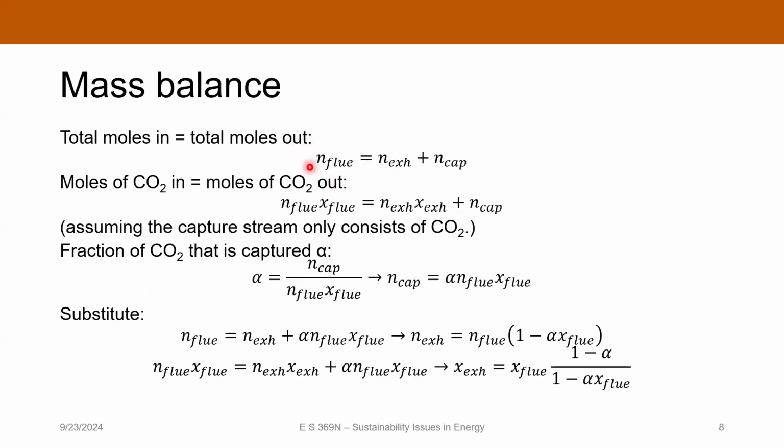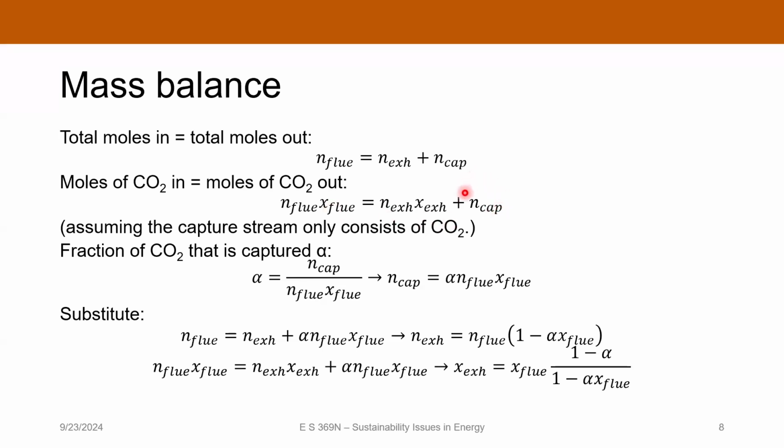So the incoming flue gas stream in moles per second is balanced by the sum of the exhaust and the capture stream, okay? Now, the other thing is that we're not creating or destroying any CO2, so we can write a CO2 specific mass balance where we simply multiply the mole fraction times the flux. So this is moles of CO2 per second.